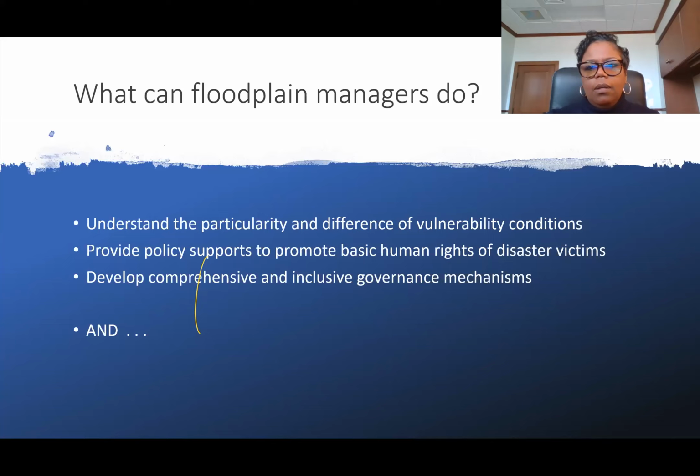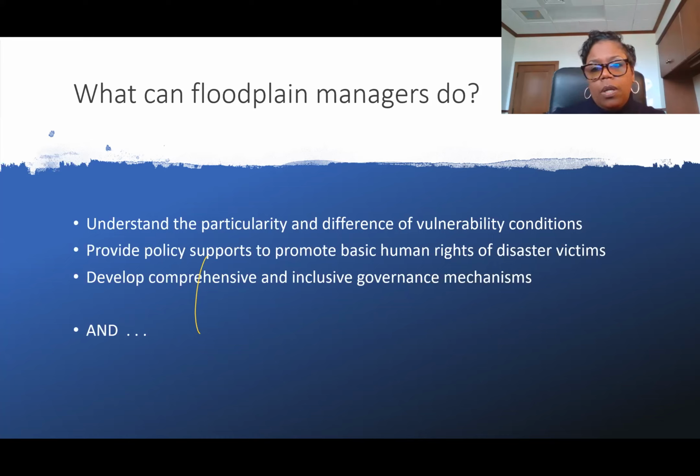So what can floodplain managers do to ensure that we have truly environmental justice, not injustice, not environmental racism or discrimination? So you need to understand the particularity and the difference of vulnerable conditions.